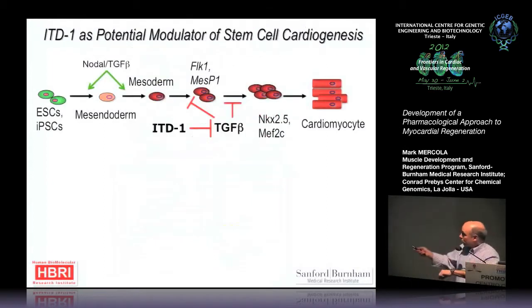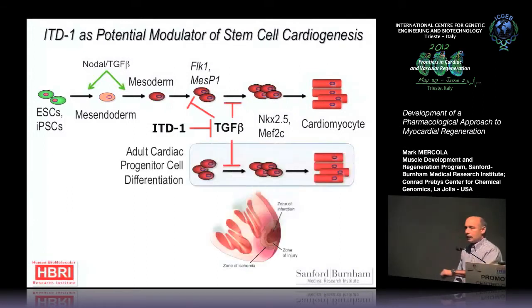Extrapolating then, this is again what I've told you, our molecule, which blocks TGF-beta, would work at this level, perhaps by doing the same thing. And if you were to go to the adult heart and translate this then to the adult situation, you can imagine that it might also take some progenitors and commit them to the cardiac lineage by blocking TGF-beta.